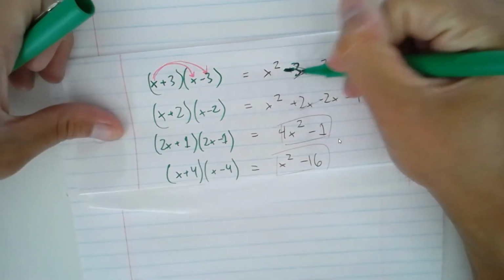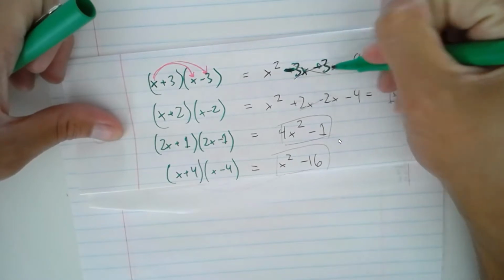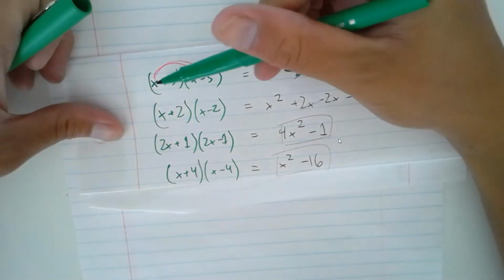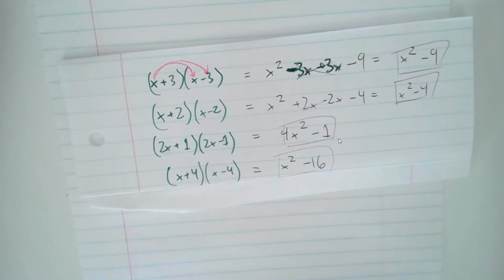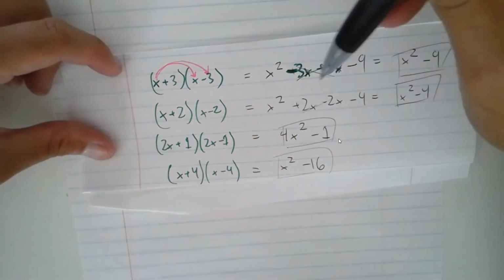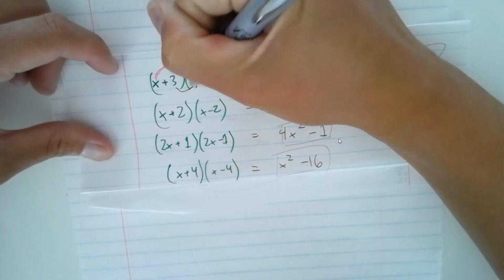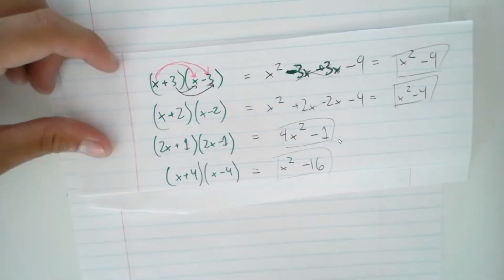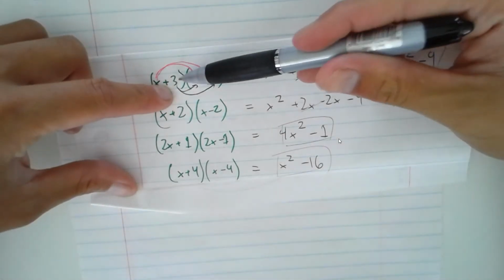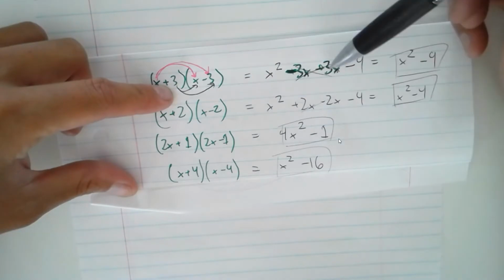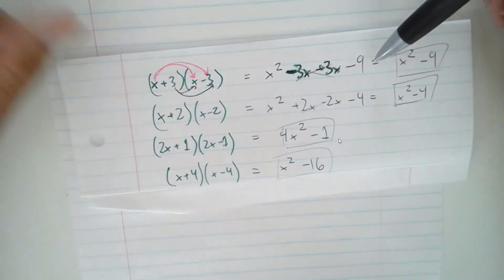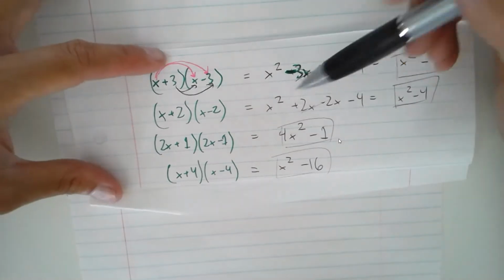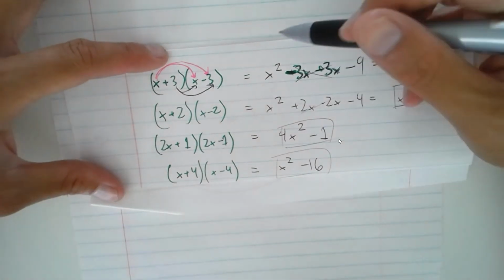That's minus 3x, and this is plus 3x. Then you multiply the second term to both of those, so plus 3 times x, which is plus 3x, and then plus 3 times minus 3.